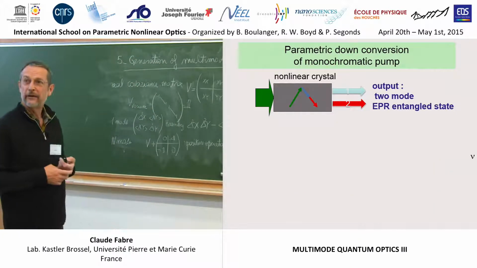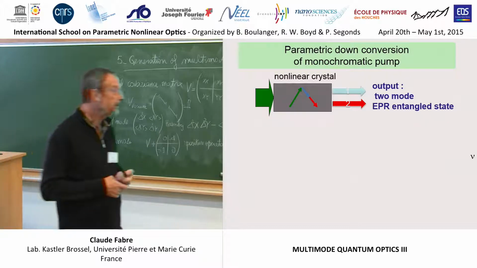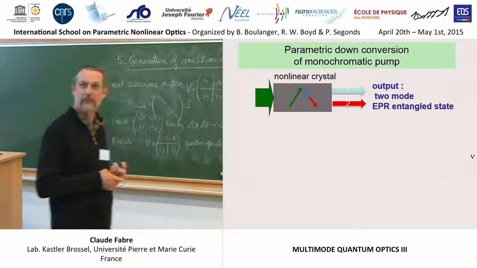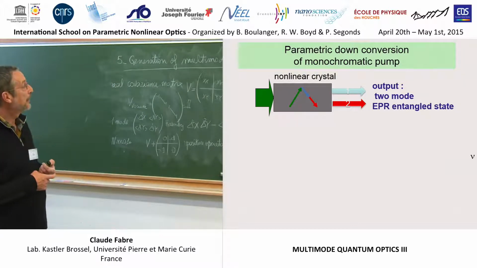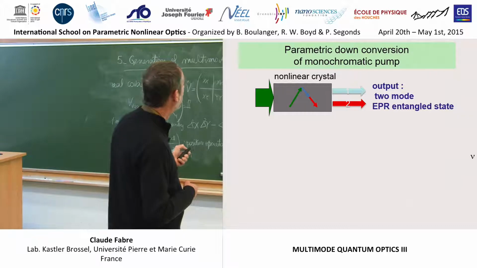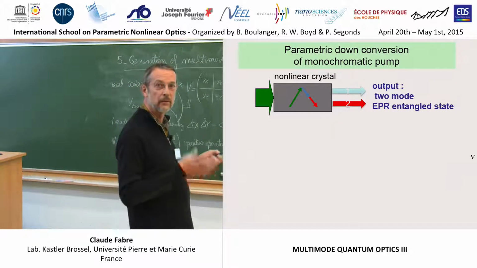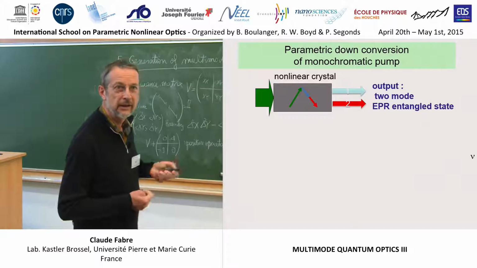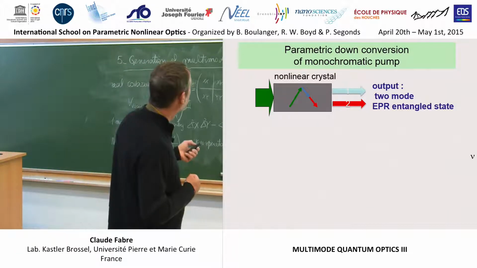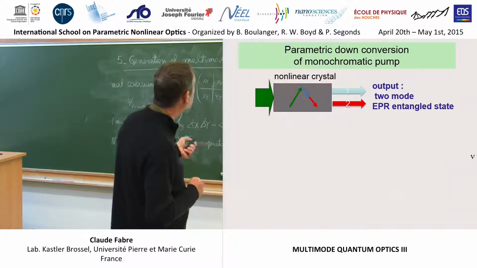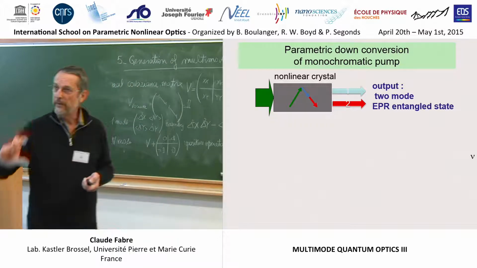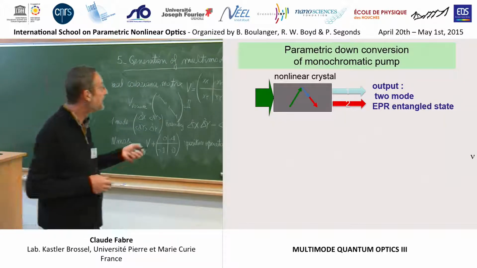Okay, and the solution to entangle all that is nonlinear optics, and more precisely, parametric nonlinear optics. Parametric down conversion, okay? If I use a chi2 crystal, whatever you like, KTP, BIBO, which is illuminated by a coherent state at this frequency, then you know that it's possible to generate twin photons, photons which are correlated.